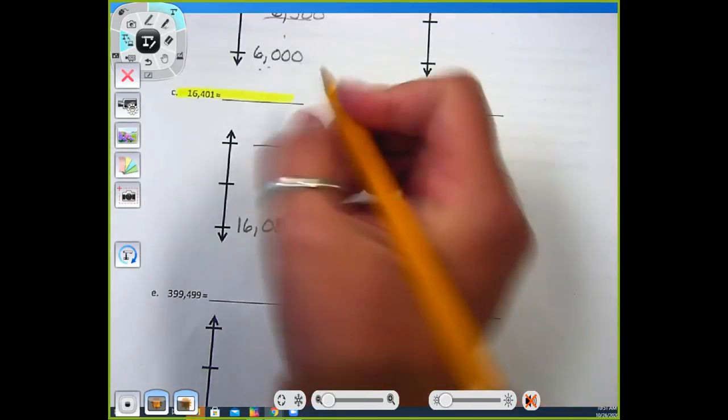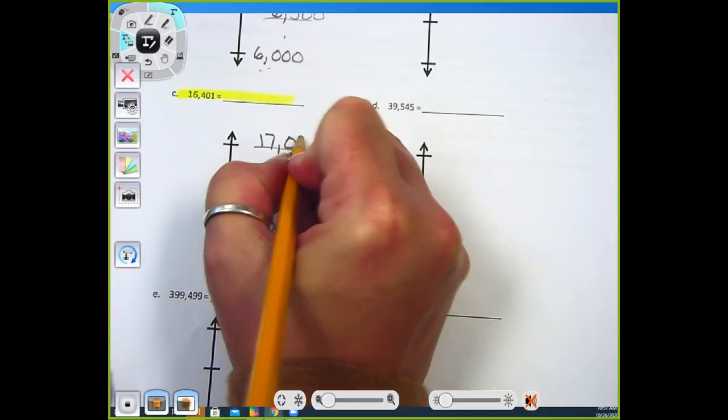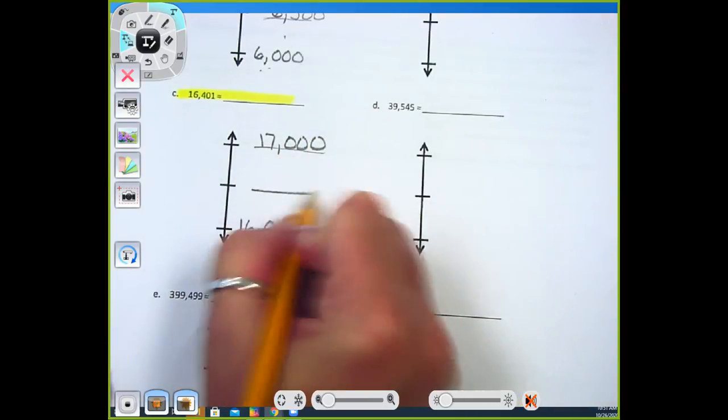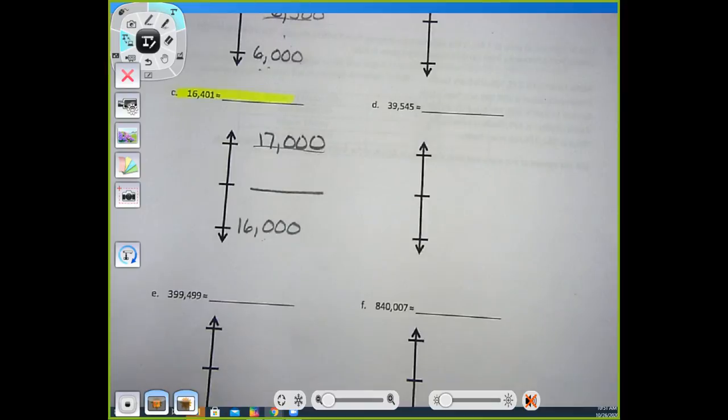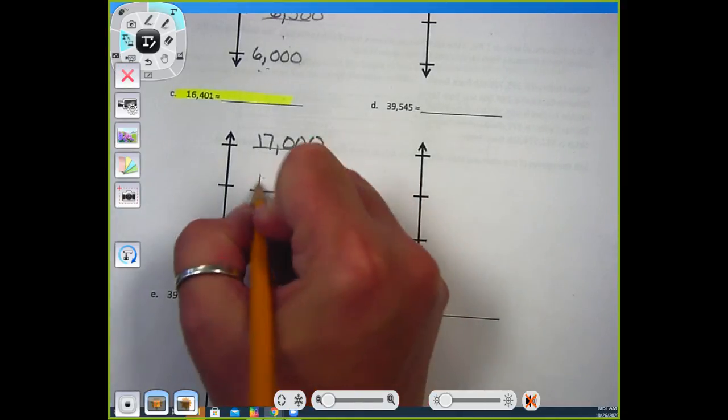Perfect. Now I need to figure out what's my number halfway in between. What number is it going to be between 16,000 and 17,000 if I split it right in half? What do you think, Peter? What's our number halfway in between? 16,500. Awesome.